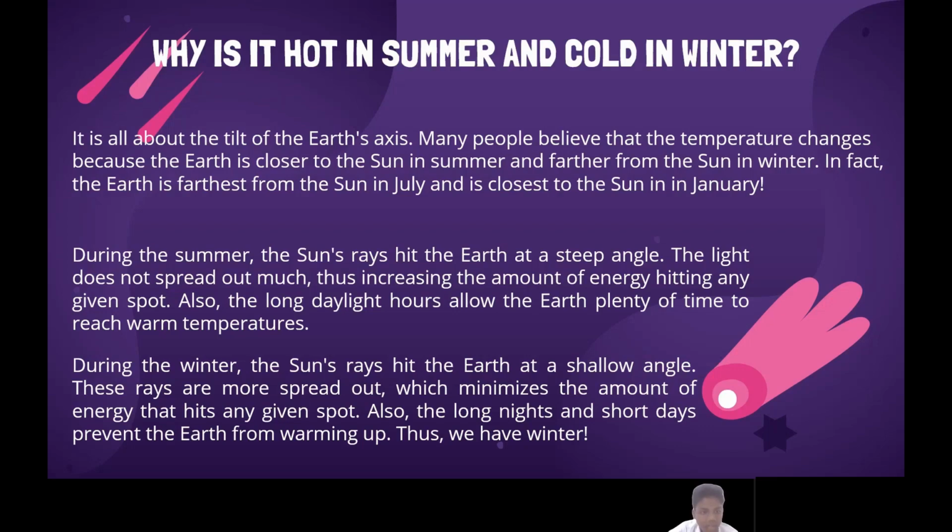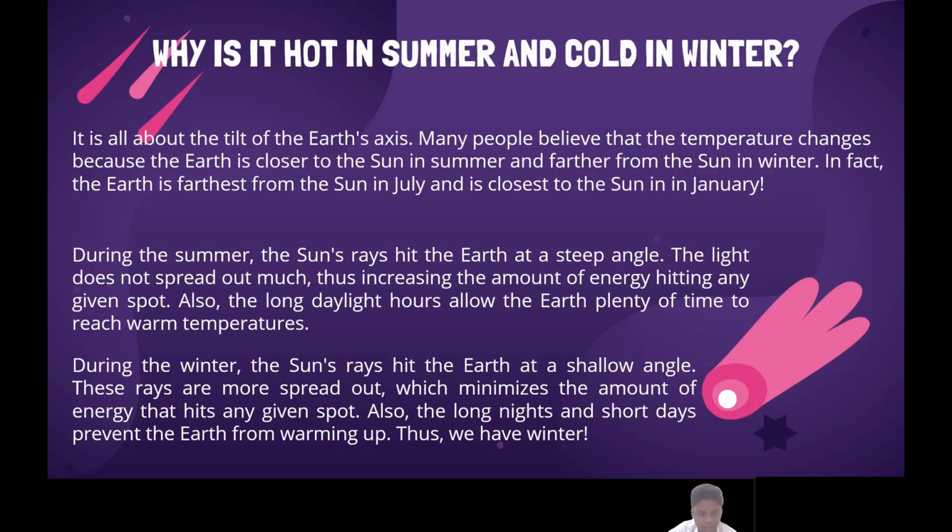During the summer, the sun's rays hit the earth at a steep angle. The light does not spread out much, thus increasing the amount of energy hitting any given spot. Also, the long daylight allows the earth plenty of time to reach warm temperatures.